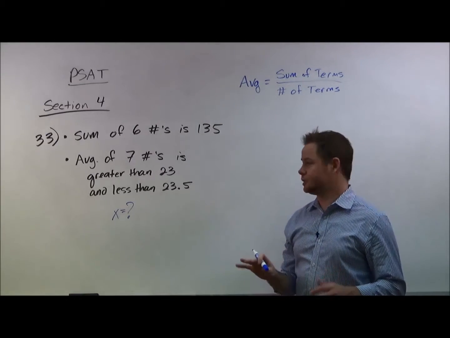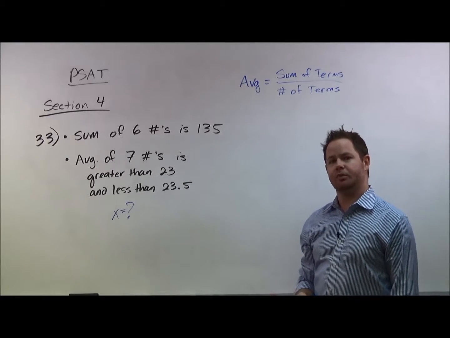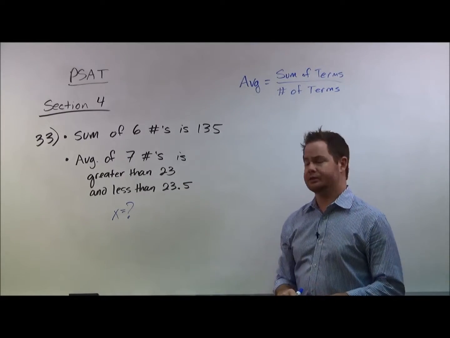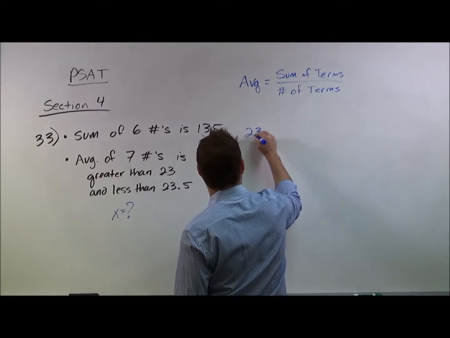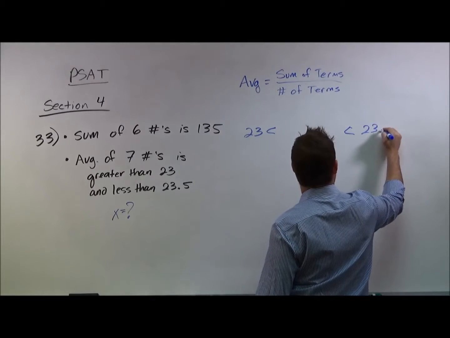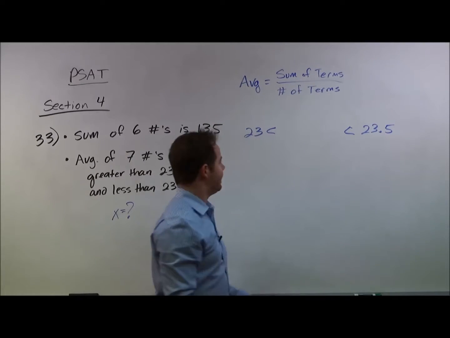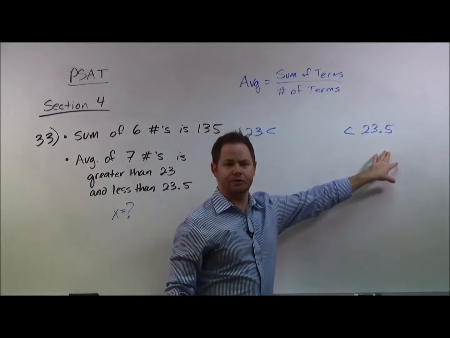So for this question, since we know the average has to be in between 23 and 23.5, those will be the ends of our range for the value of the average. So I'm going to write that part like this. Our average will be somewhere in between 23 and 23.5.